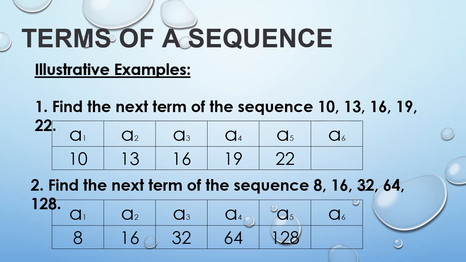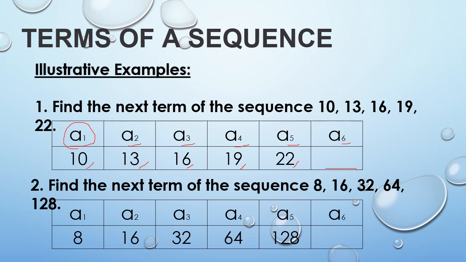It is illustrated as, for every term, a sub 1 for the first term, a sub 2, a sub 3, a sub 4, a sub 5, a sub 6, and so on. So a sub 1 natin is 10, followed by 13, which is a sub 2, a sub 3 ay 16, a sub 4 ay 19, at a sub 5 ay 22. So ano naman yung a sub 6? What is the next term?